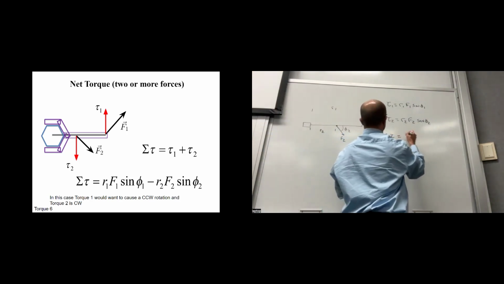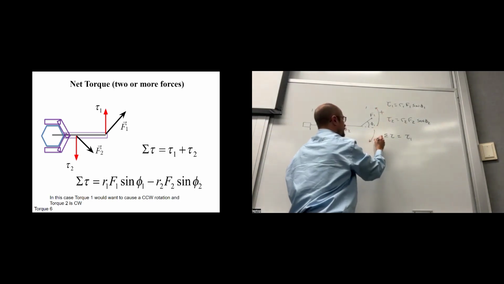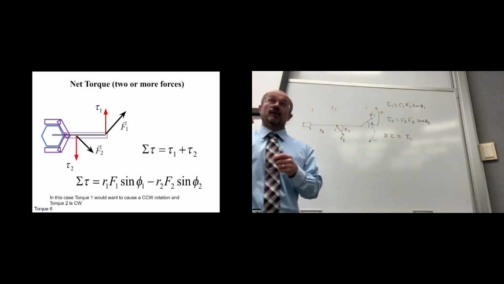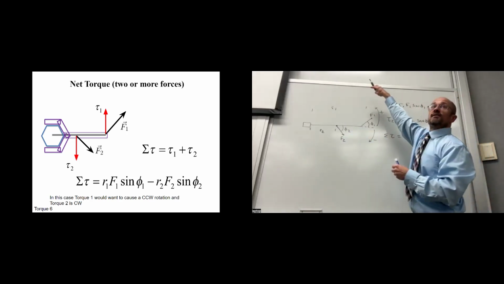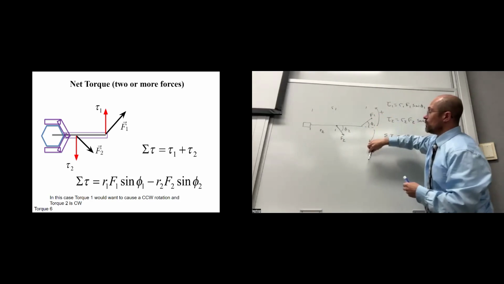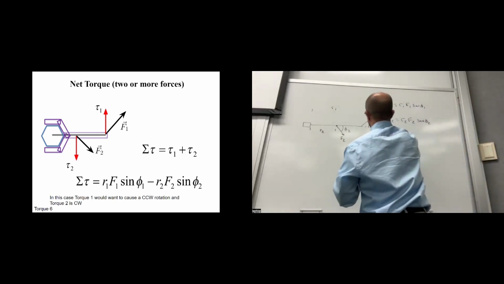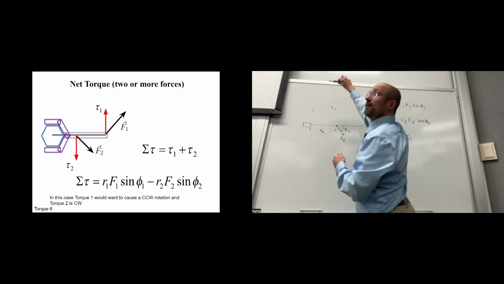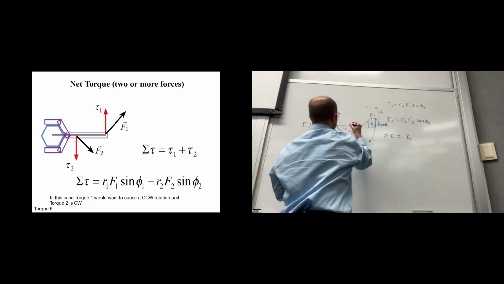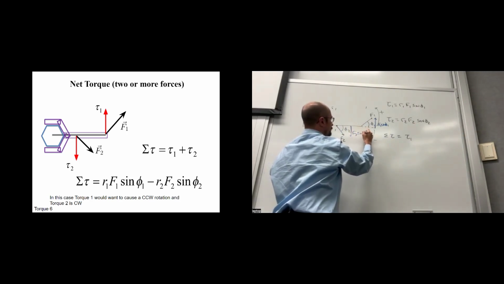Well, we get torque 1. Now, we said this way is positive and that way is negative. So when we add up our torques, we see that torque 1 wants to go this way, but torque 2 wants to go that way. Because we can always think about this blue one is F1 sine of phi 1. Notice the force is pulling it that way. And the blue part here, this is F2 sine of phi 2.